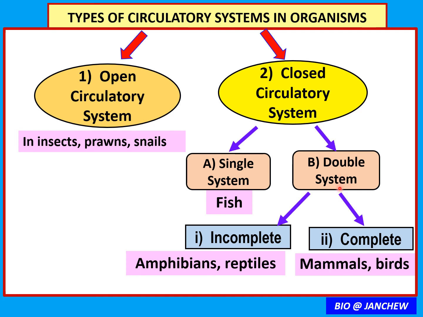So the double circulatory system can be divided into the double incomplete circulatory system found in amphibians and reptiles, and the double complete circulatory system found in mammals and birds. So in the next video, we will discuss all this more thoroughly, and I will give you some very good acronyms to remember some of the facts here.